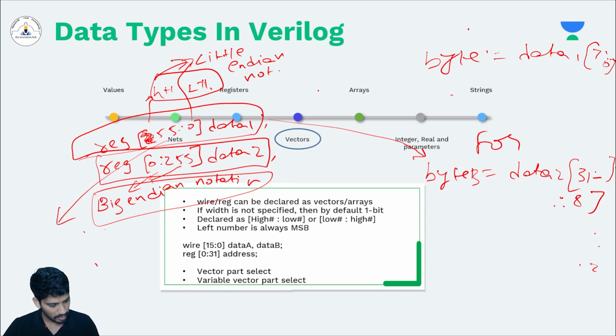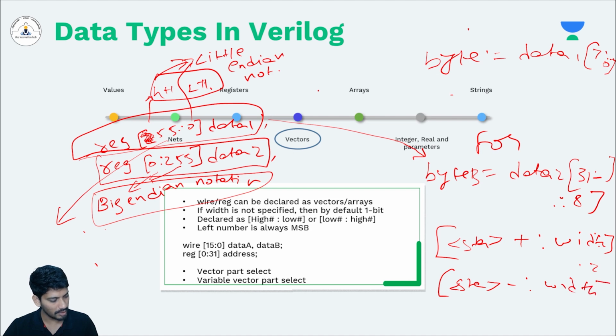Okay. So in general, if you want to select any data, the syntax is like this: start value plus down to width, and start value minus down to width, right?